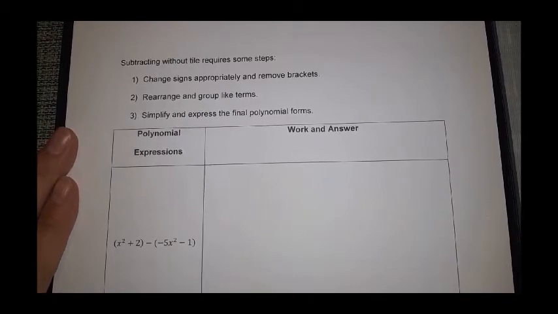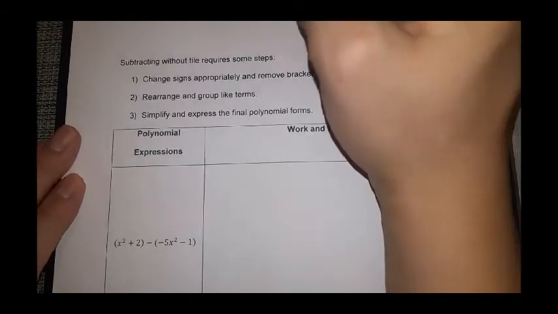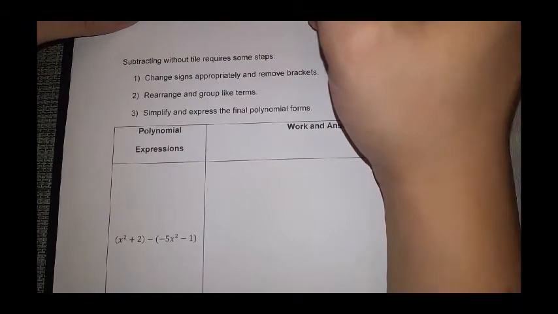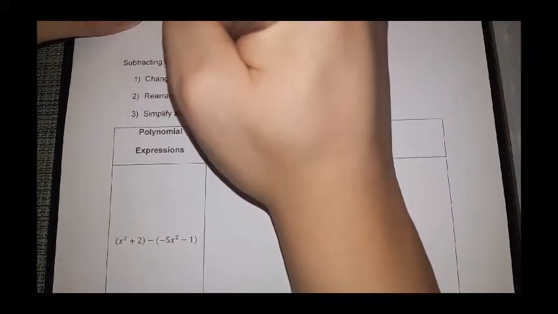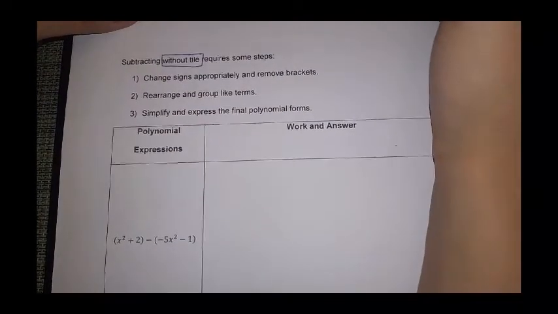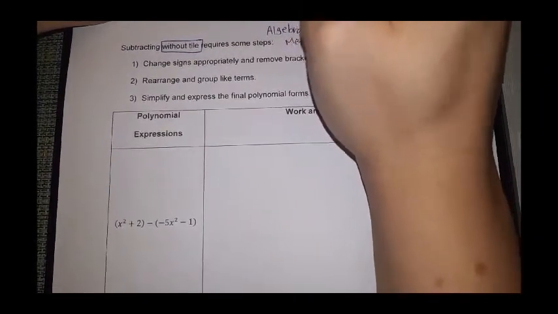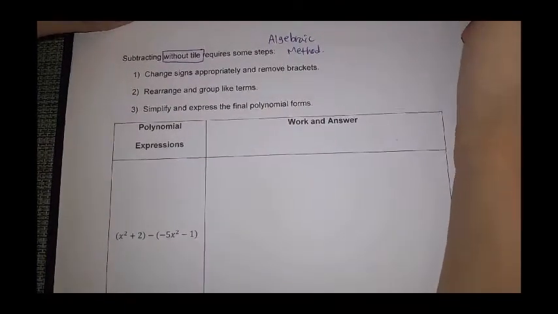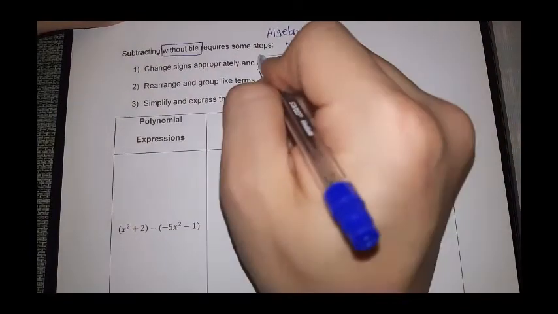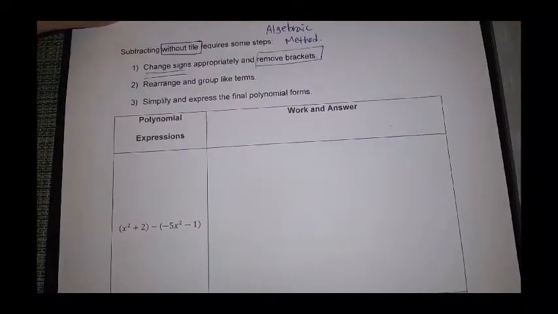So what we can do for a method that doesn't use any of the tiles, I call it without tile. Let's go through this algebra method. Algebraic method. Basically, one thing that we need to do is we gotta remove the bracket, but sometimes we gotta change the sign.